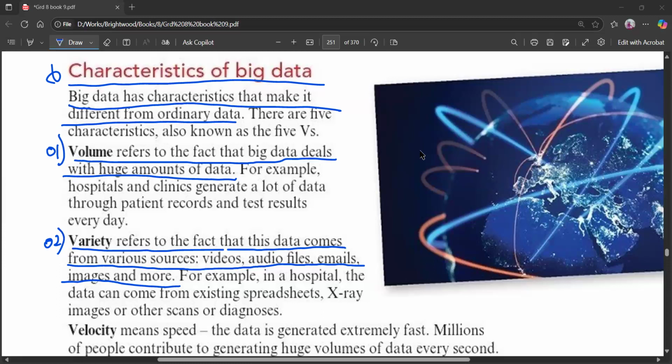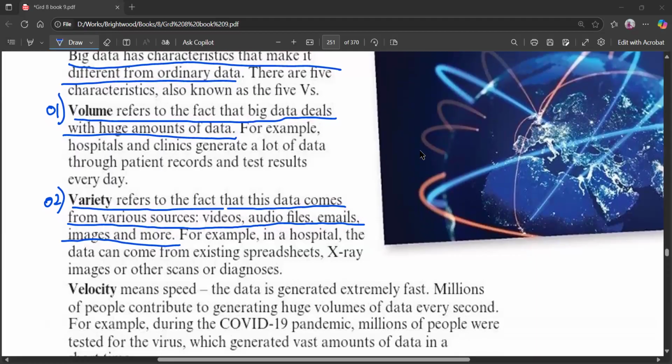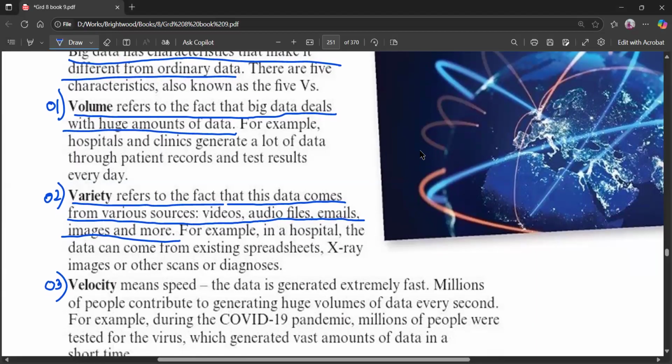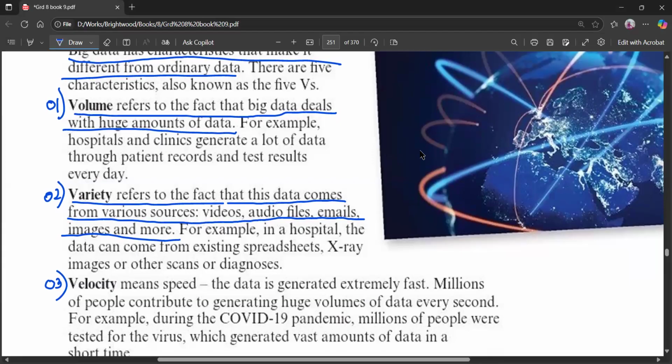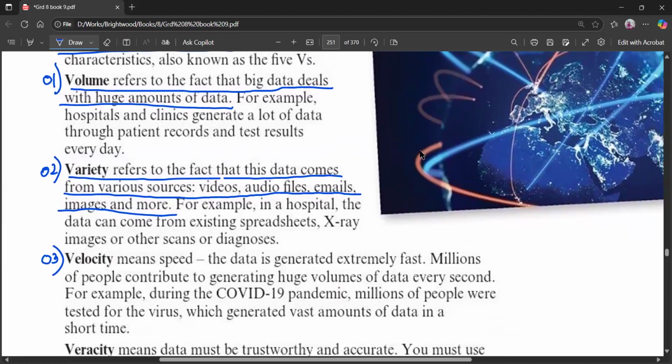So they have a huge amount of volume, and that should have variety. And the next, the third one, is velocity. In science, velocity is distance over time. Here, consider it as the speed. Velocity, not as a vector, should have a speed. Velocity means the speed at which data is generated, extremely fast.